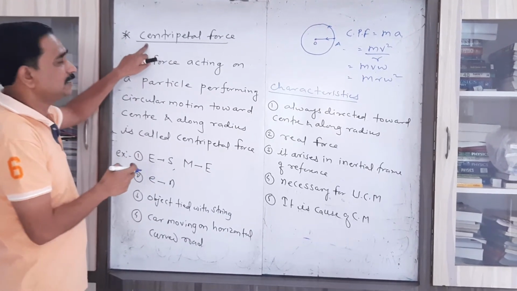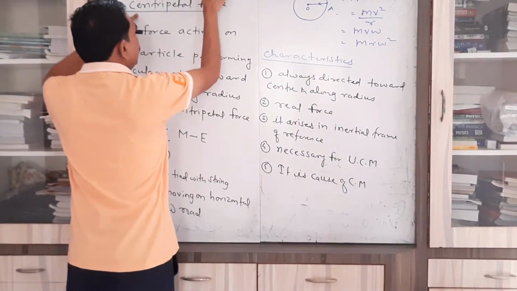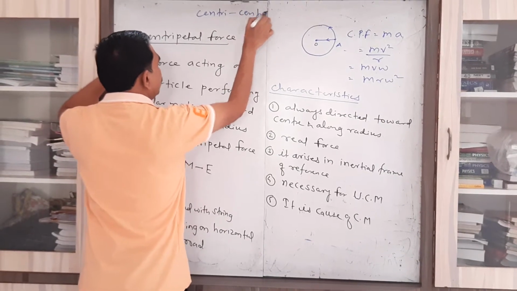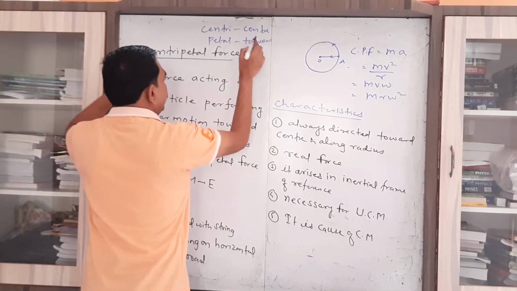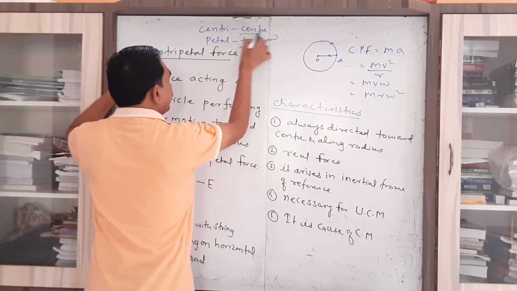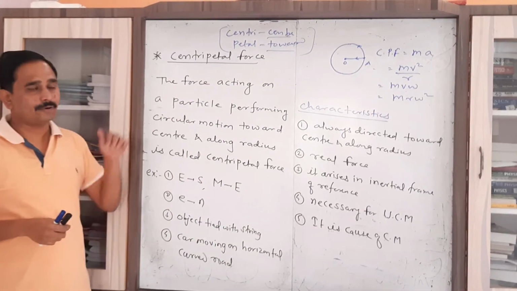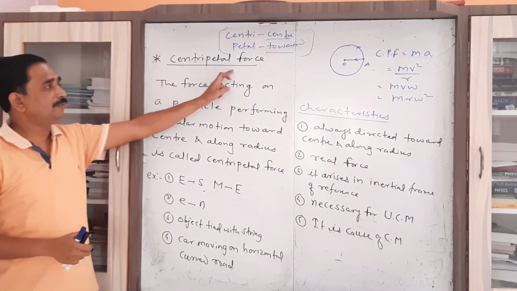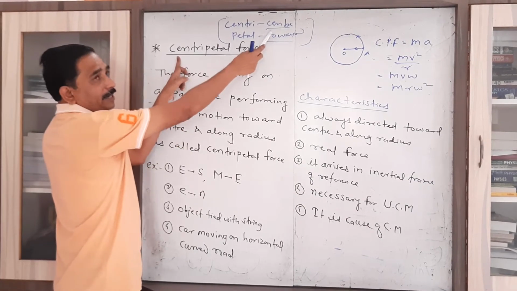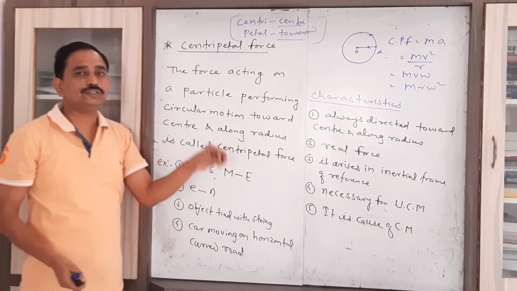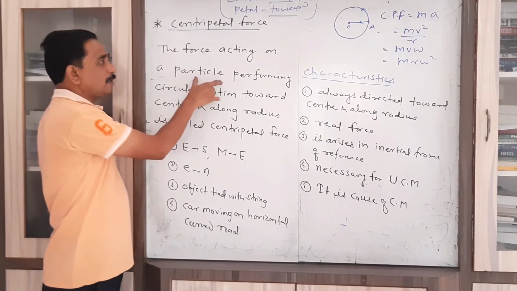As the name itself indicates its meaning, if we split this word, centri means center and petal means toward. In short, this is the force which acts toward the center.